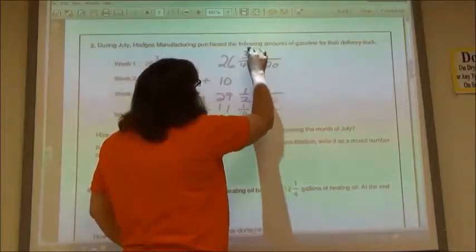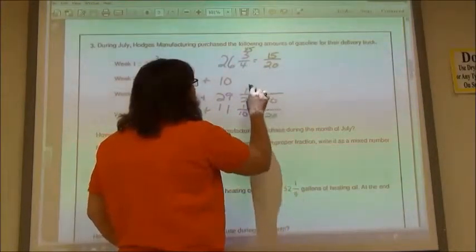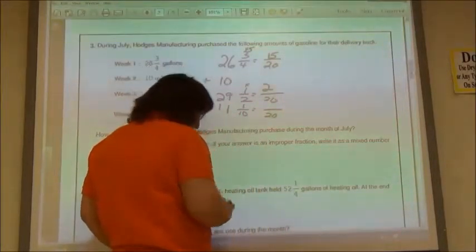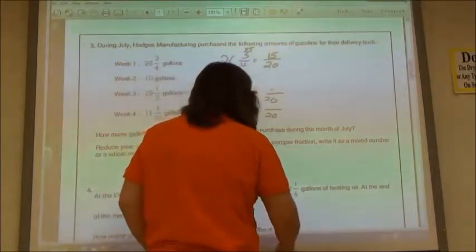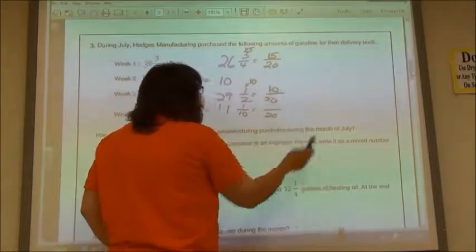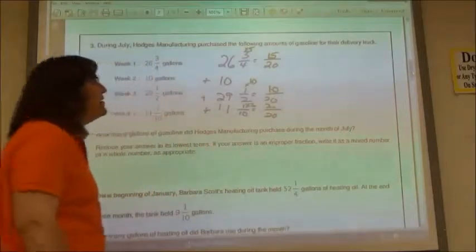So 4 goes into 20, 5 times 3 is 15. 2 goes into 20, 10 times 1 is 10. And 10 goes into 20, 2 times 1 is 2.